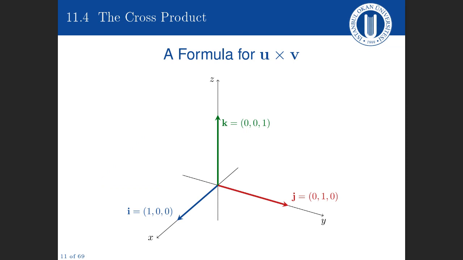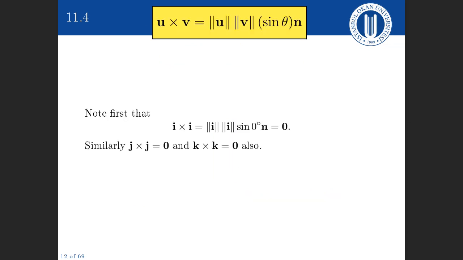Let me remind you of the three standard unit vectors in R3. i is the vector 1, 0, 0, j is the vector 0, 1, 0, and k is the vector 0, 0, 1. What do we get if we do i cross i?